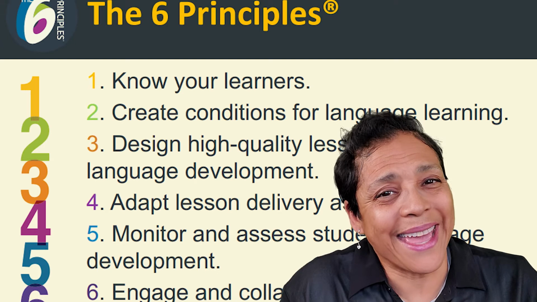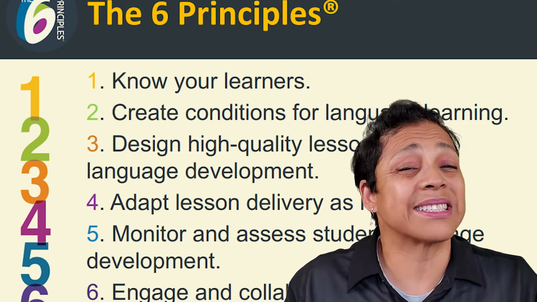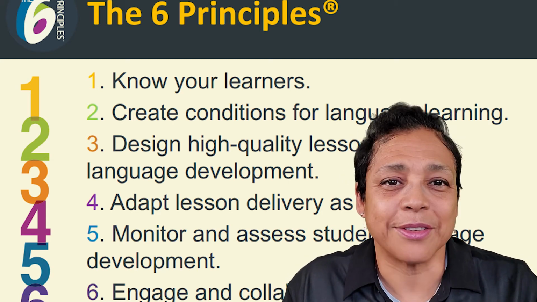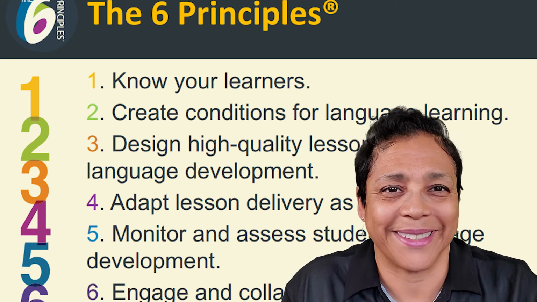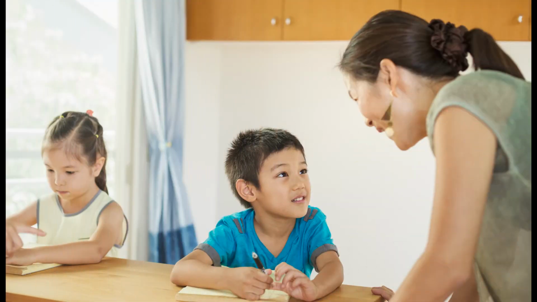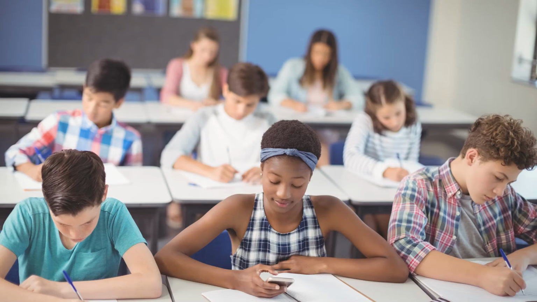So let us begin with the 6 principles of exemplary teaching for English learners by TESOL International Association. Know your learners. Teachers learn basic information about their students' families, languages, cultures, and educational backgrounds to engage them in the classroom and prepare and deliver lessons more effectively.